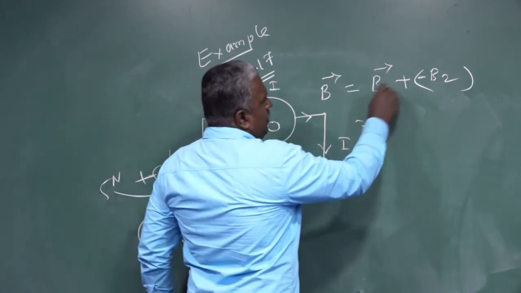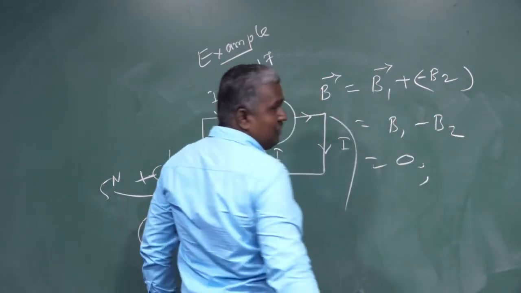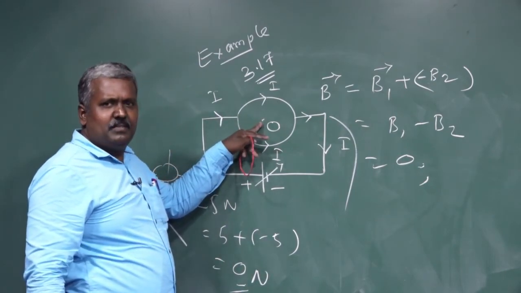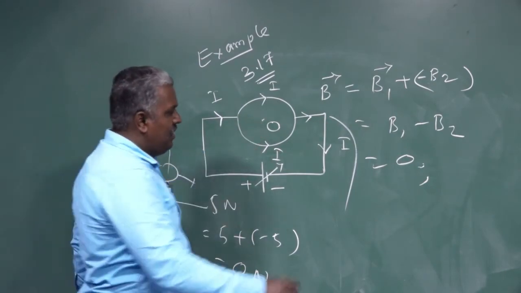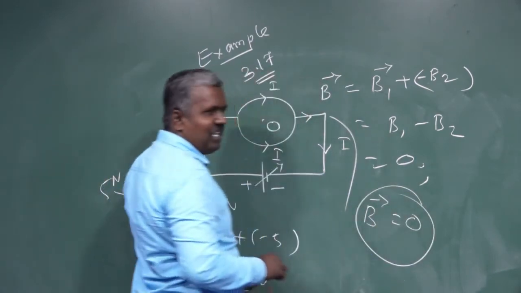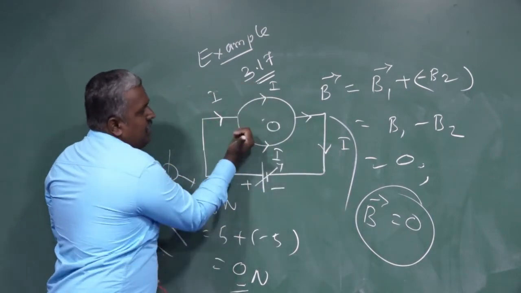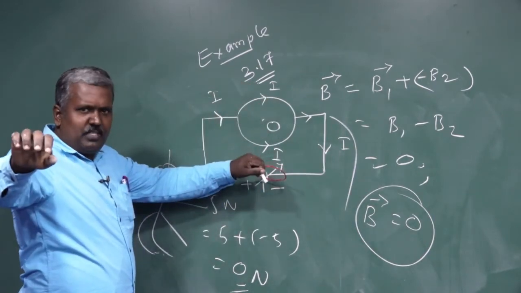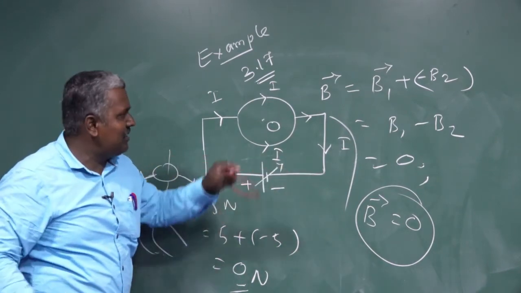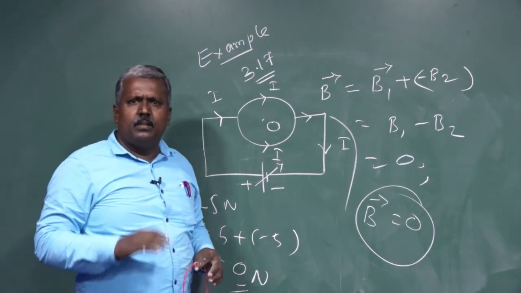Therefore, the total is 0. So at the center of the circular loop, the magnetic field is equal to 0, because both fields have the same magnitude but different directions. They cancel each other. Okay, clear? Okay, thank you.